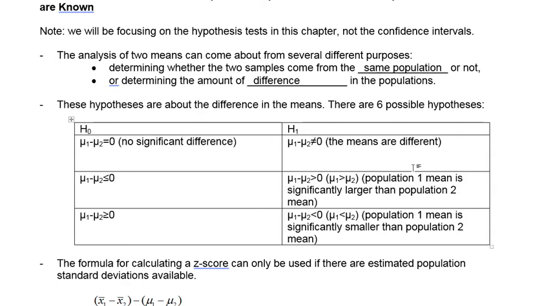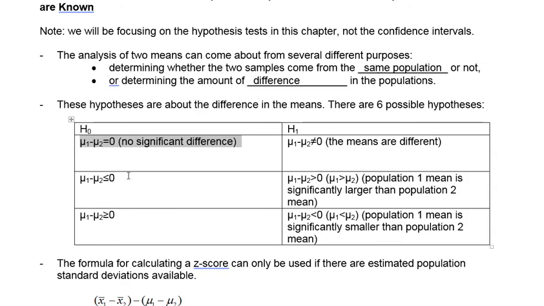hypotheses. So the wording for our null hypotheses could be that the two populations are equal, or there's no significant difference. That would be this first way of showing that symbolically. Or we might say that one population is significantly larger than the other.